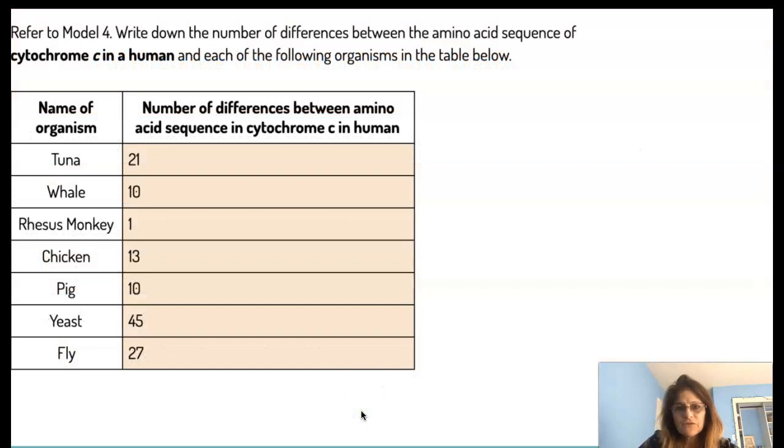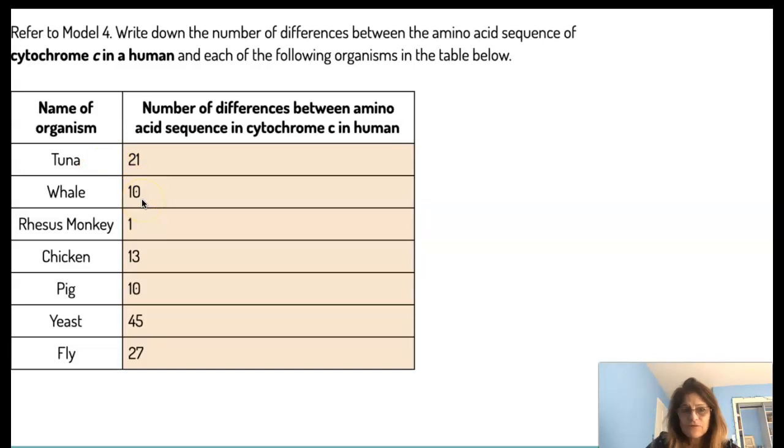Write down the number of differences between the amino acid sequence of cytochrome C in a human as compared to each of the following organisms in this table. There are 21 differences when you compare a human to a tuna fish.